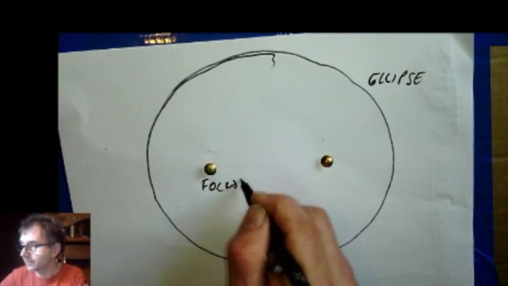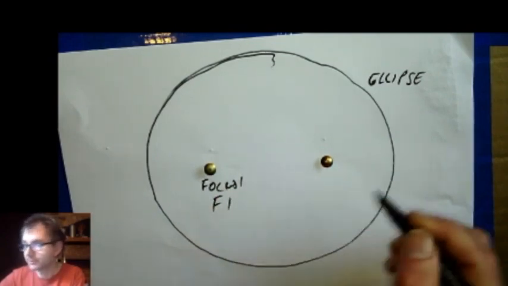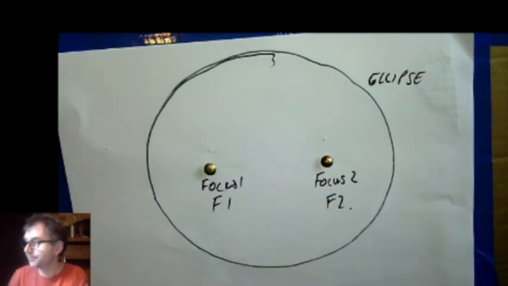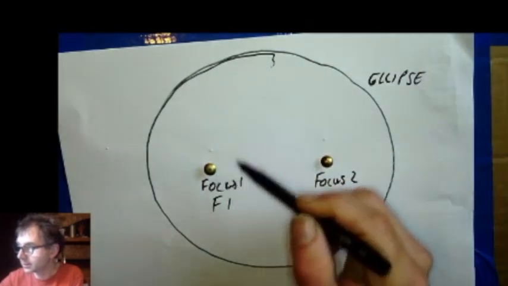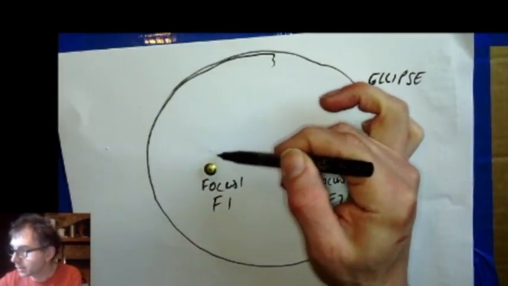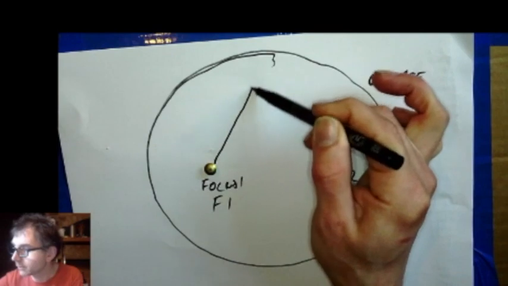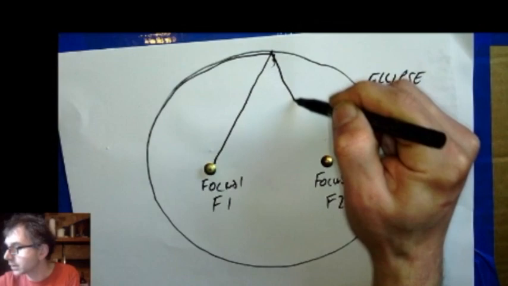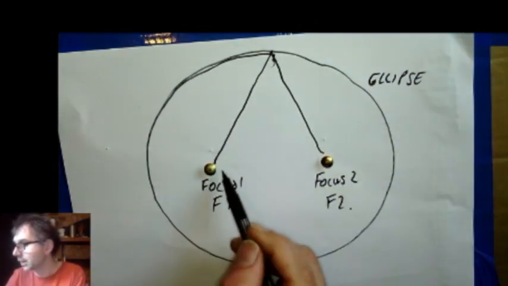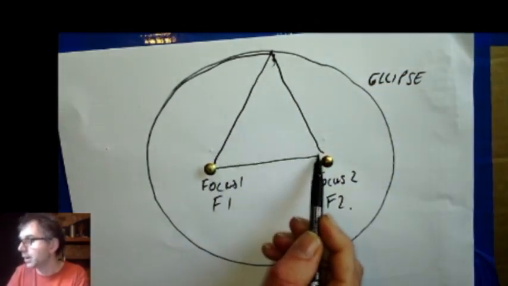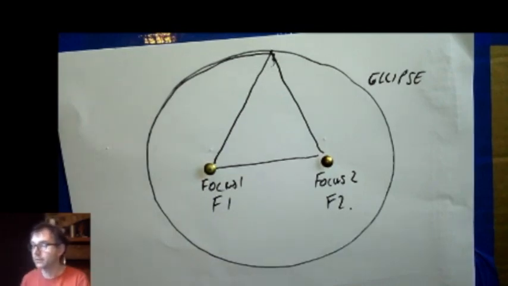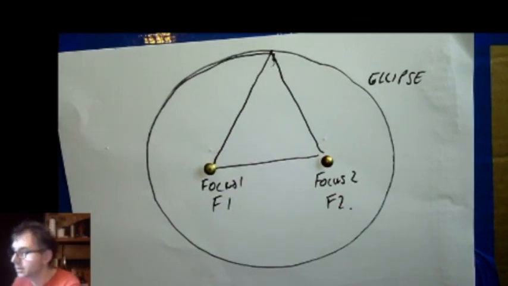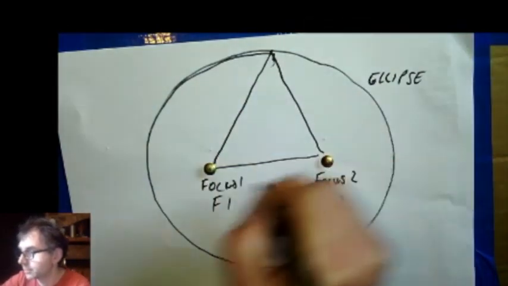So focus 1, call that F1. Focus 2, we'll call that F2. And we can draw lines to the surface, to the edge of the picture, as so. And because we know that we've used a single string that has a fixed length, in order to get this, we know all these lengths add up to the same amount.